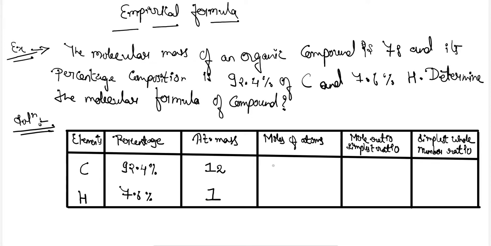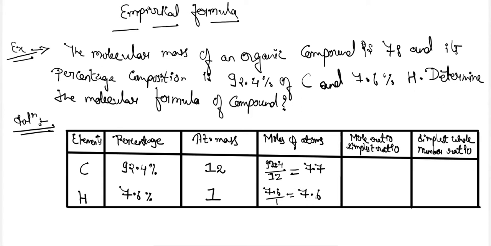For finding out the moles, divide the given percentage of the element by the atomic mass of the element. Dividing 92.4 by 12, we get 7.7. Dividing 7.6 by 1, we get 7.6. Out of these two values of moles, 7.6 is the least value.